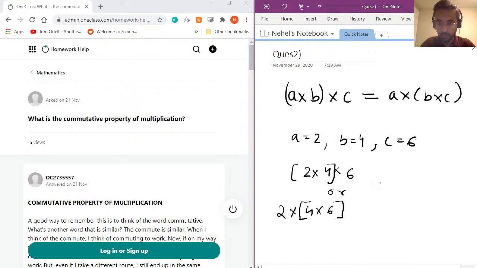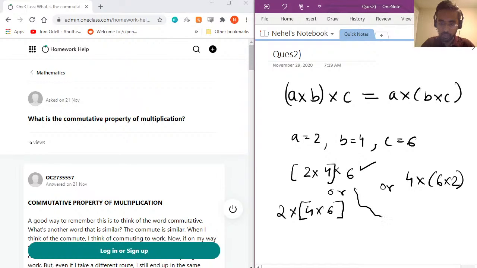Or there is a third way as well, in terms of brackets, where we keep the 4 out and say it's 6 times 2. So these are all equivalent. We can write it in any of these forms, but some people might be more familiar with the multiplication table for 8 as opposed to the multiplication of 24 in this case or 12 in this case. So this might be their preferred route, for example.